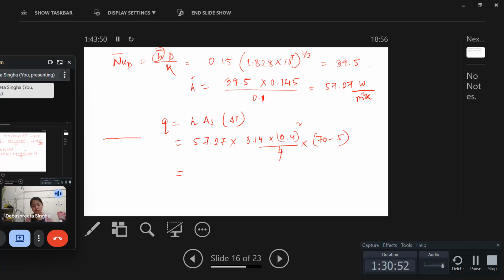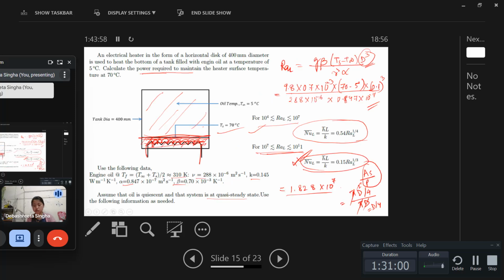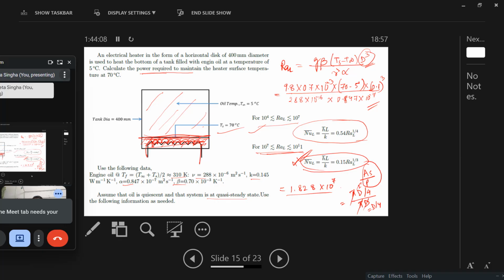This will come out to be around 468 watt. Okay, so this is the power requirement to maintain the heat surface temperature at 70 degrees Celsius. Now we'll move to the next question.